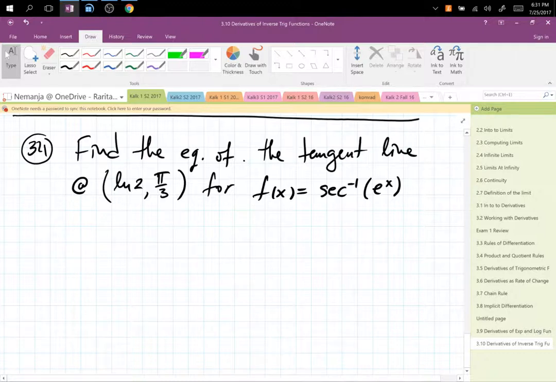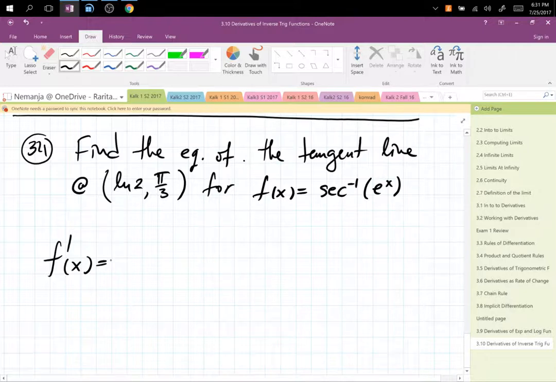All right, let's talk about this and then transition into the lab. So we know that for the tangent line, we first have to find the slope, which means we need the derivative. So what's the derivative of this function?